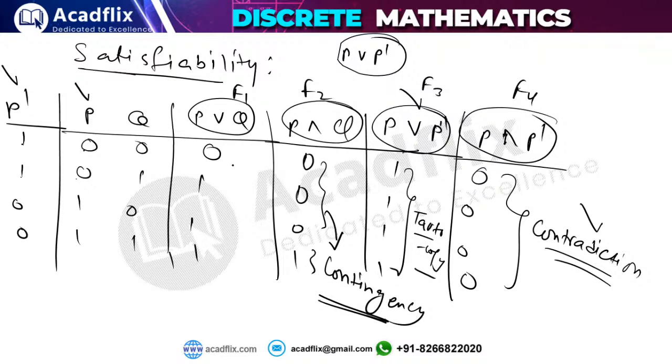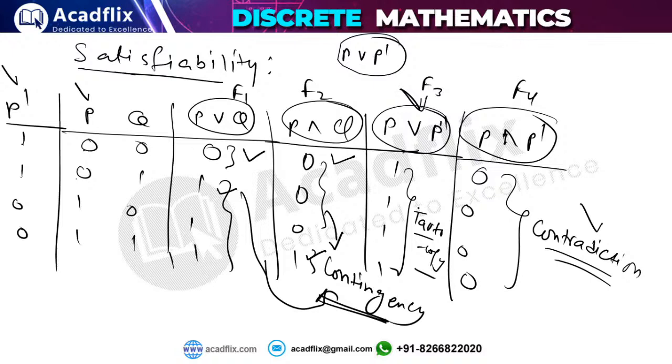For example, the F1 formula is sometimes false, sometimes true, so this is also a contingency. Contingency means at least one time false, at least one time true. So F1 and F2 are contingencies.